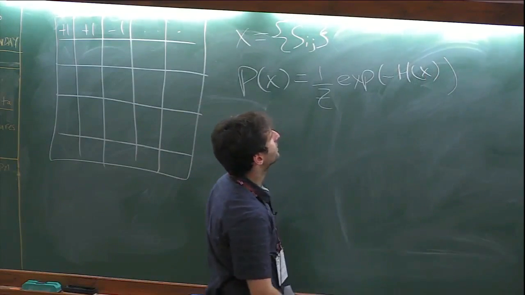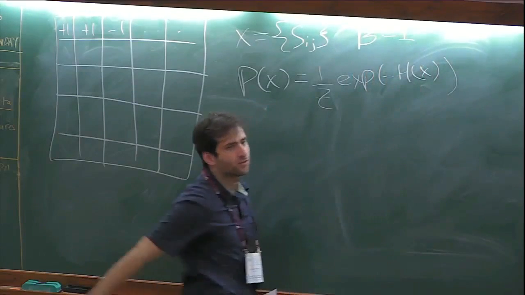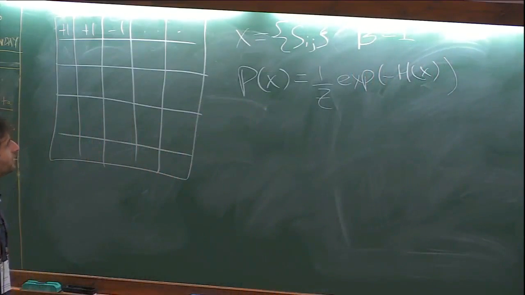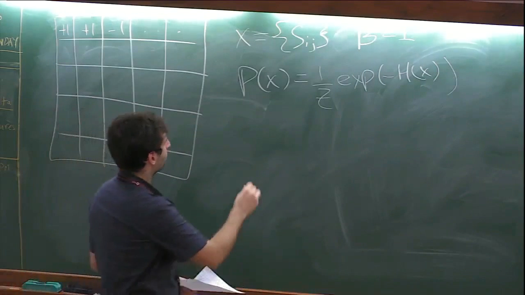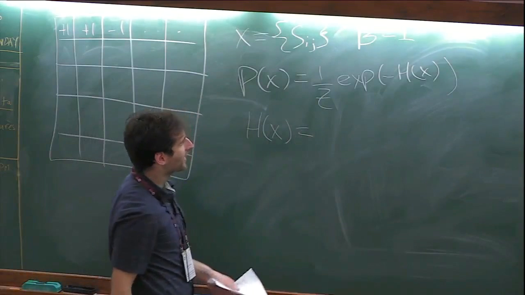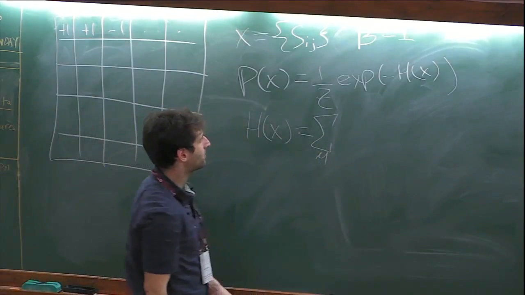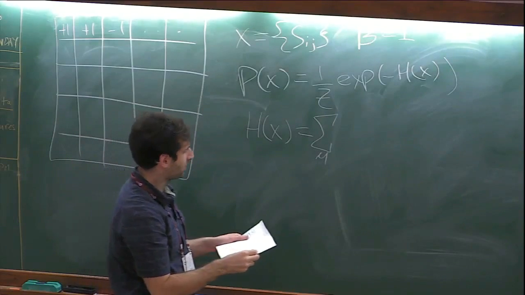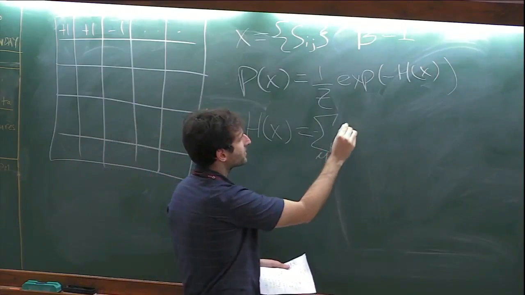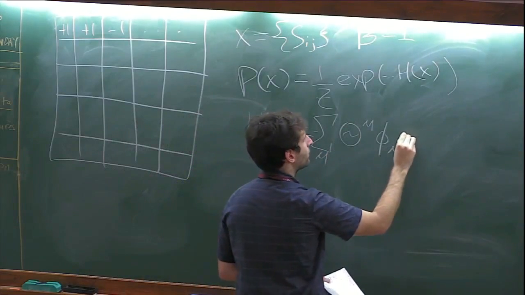e to the minus H of x. So I'm going to assume that beta is equal to 1 for this. And furthermore, I'm going to write H of x in the following way. It's going to be a sum over parameters with a minus sign, theta mu phi mu of x.